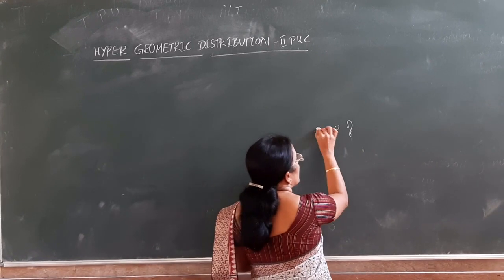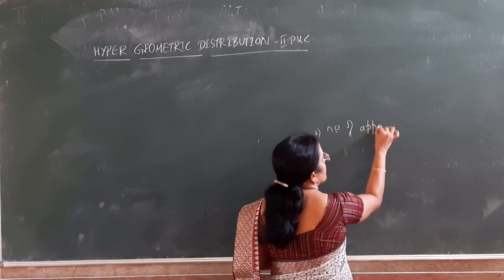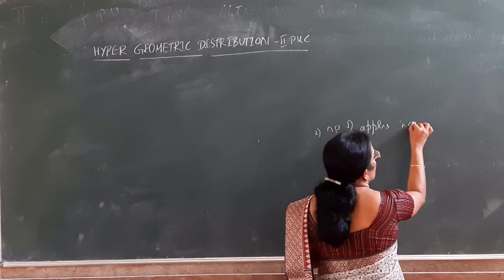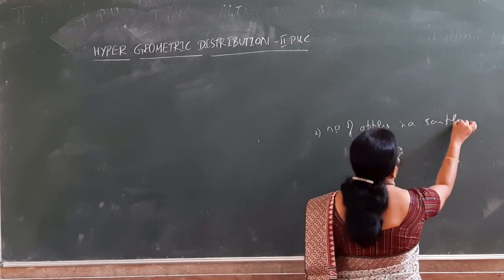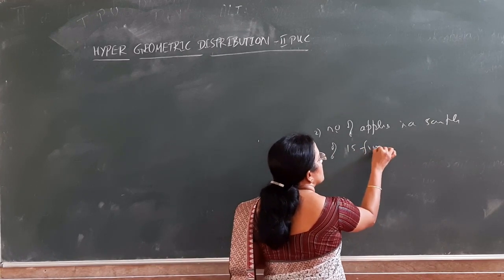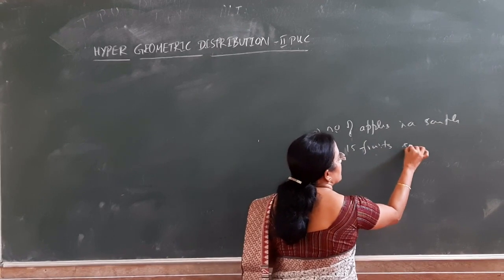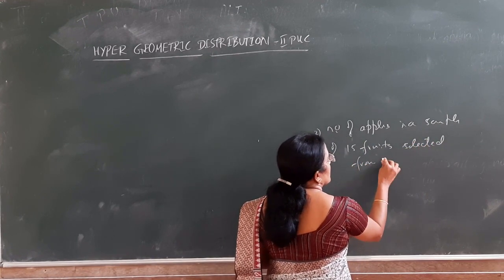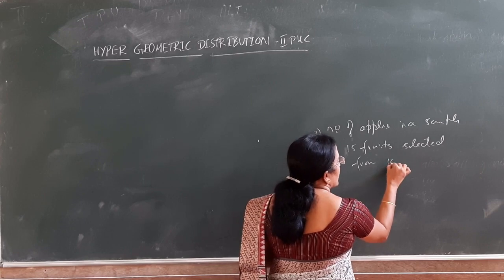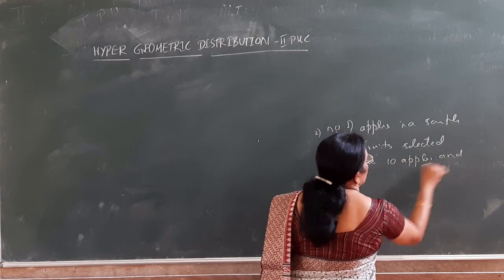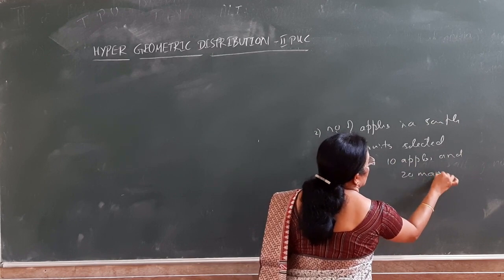So, second example: number of apples in a sample of 15 fruits selected from 10 apples and 20 mangoes.